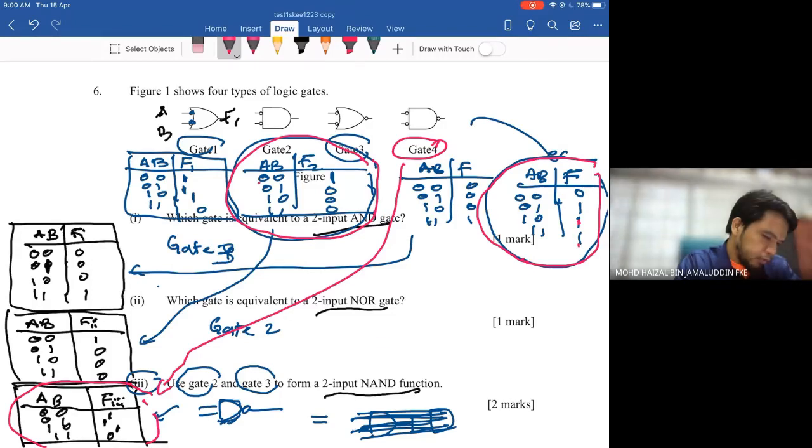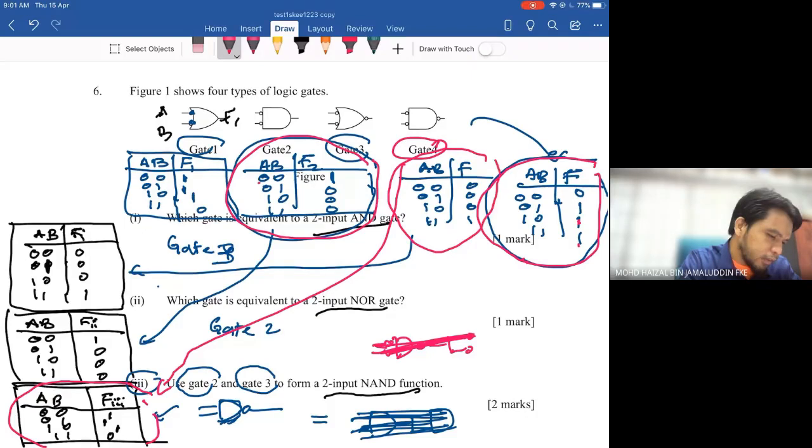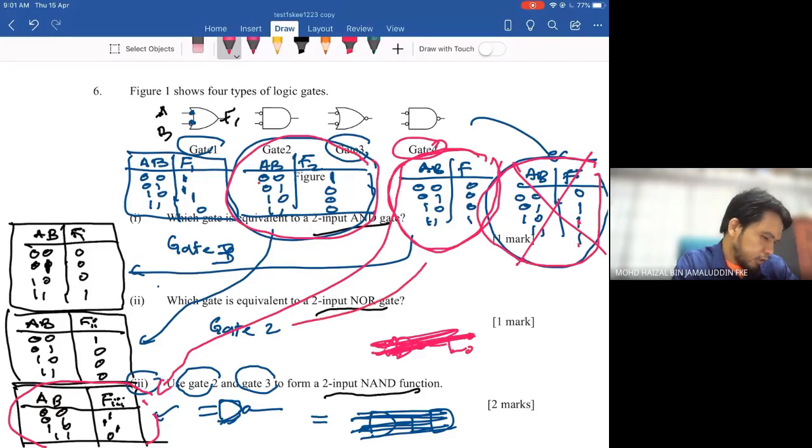What happens if I put this first, then I combine with this? No, I am wrong again. So gate number 1, tell me, it's gate number 3. It's not gate number 4. Okay. So it's gate number 3. It's not this. It's using this. So that means it's just an opposite of this gate.